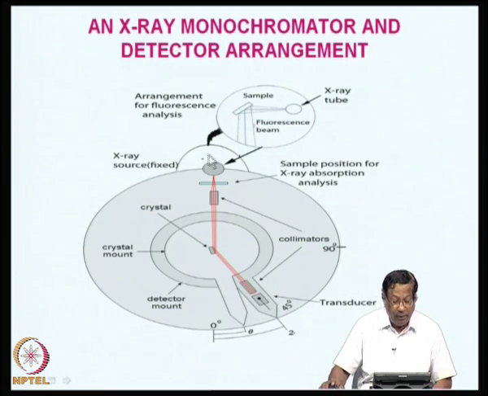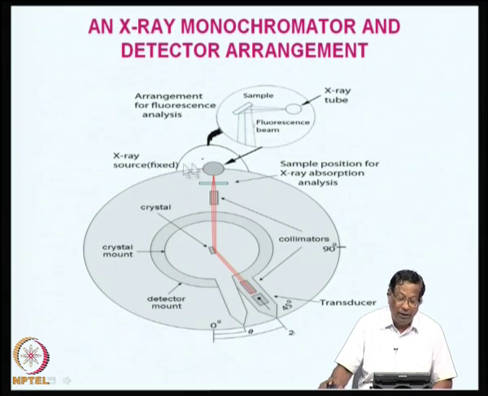The X-ray comes here and falls on a collimator, one for the incoming and one for the outgoing beam, and the crystal is here, and then detector mounts are put here, all around the turntable. And for a theta degree change in the X-ray angle, the goniometer has to turn twice.